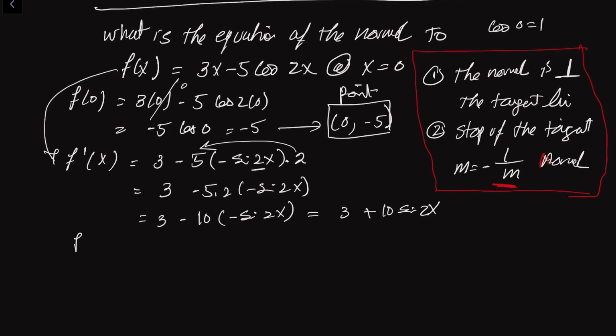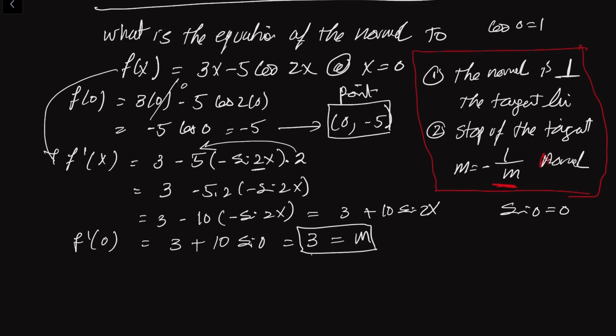Okay, so f dash of 0 equals 3 plus 10 sine 0, and sine 0 is equal to 0. So this will be equal to 3, which is going to be my slope, because that's the derivative of the equation at 0. My slope at this point. So we have the point and we have the slope, right?